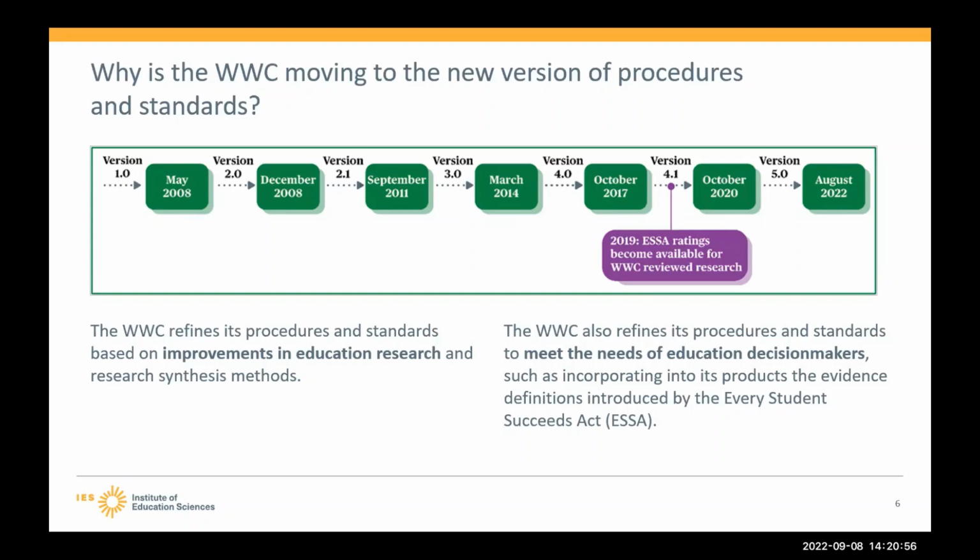The WWC also refines its procedures and standards to more effectively meet the needs of education decision makers and the needs of WWC reviewers. Before I hand the webinar to Drs. Tanner-Smith and Valentine, I will briefly highlight a few handbook changes and preview what certification will look like for 5.0.